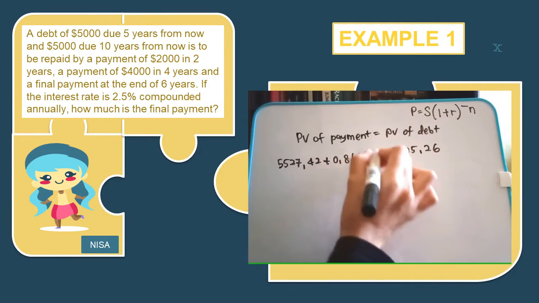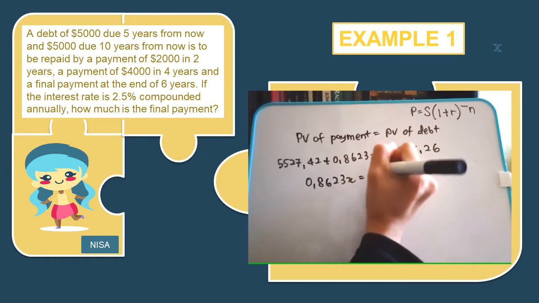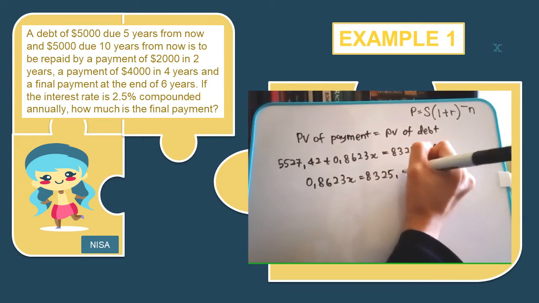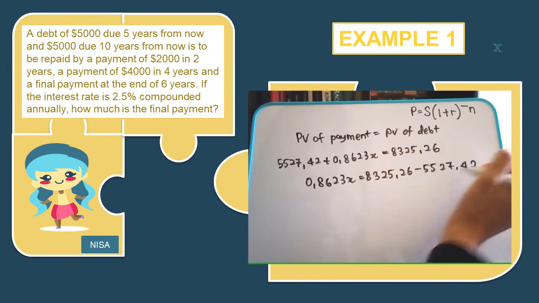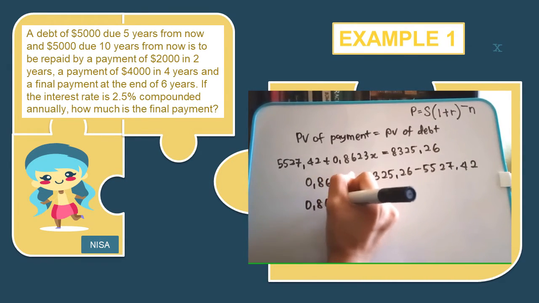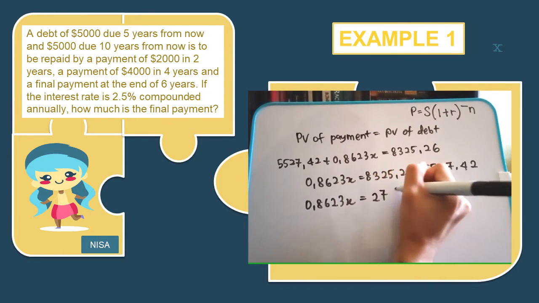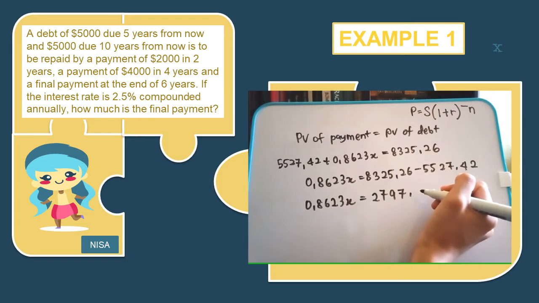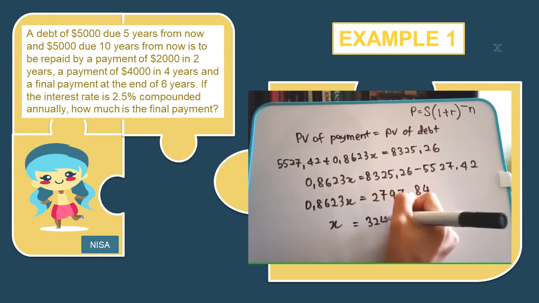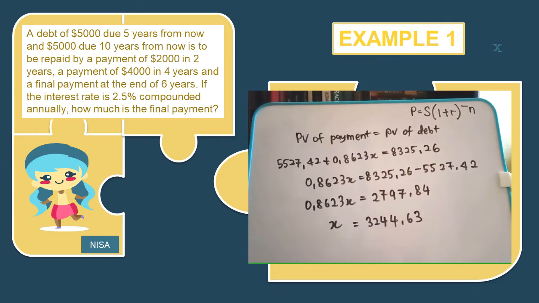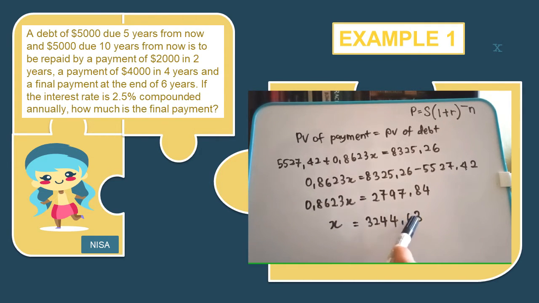So to get X, you have to solve. So now we get the answer for X. The value of X is $3,244.63.